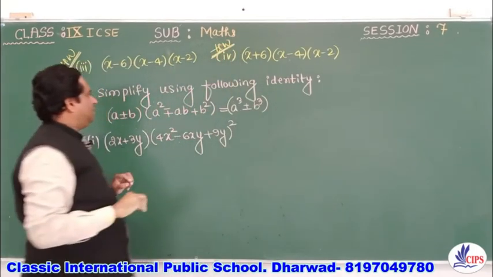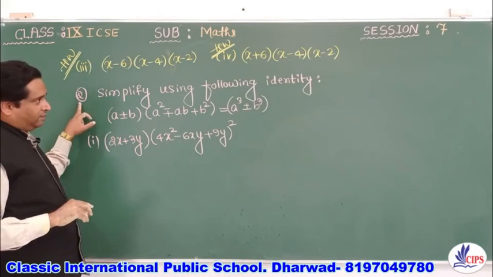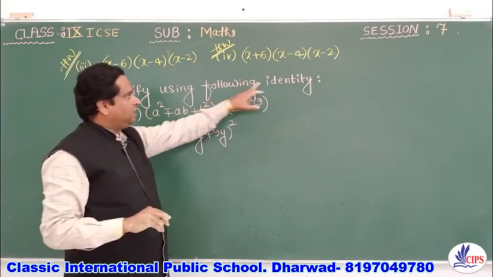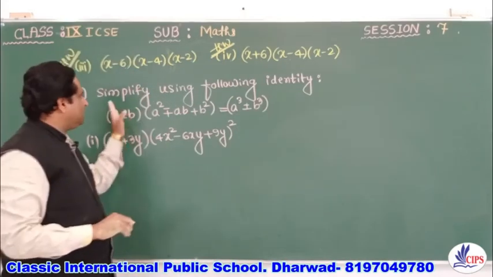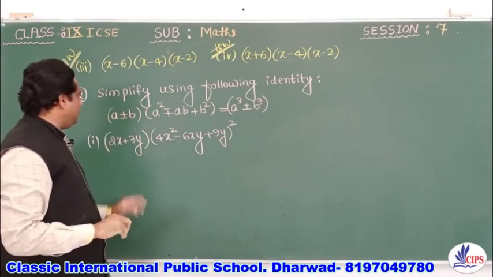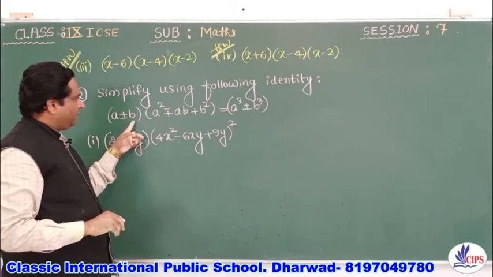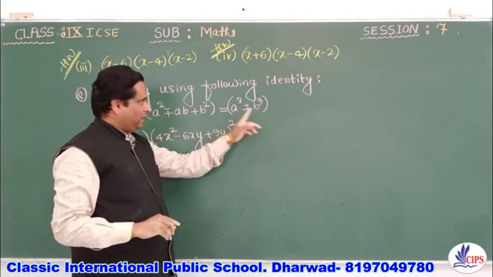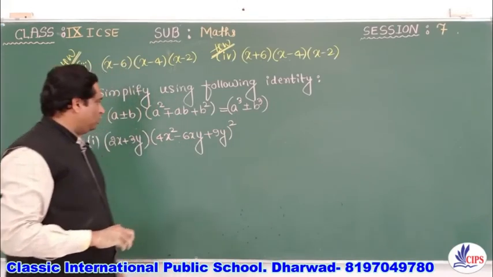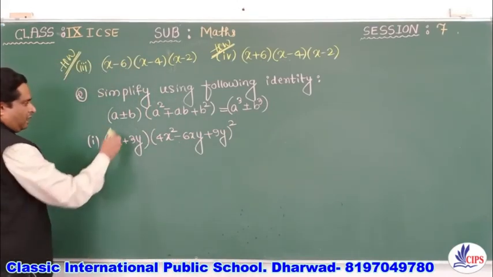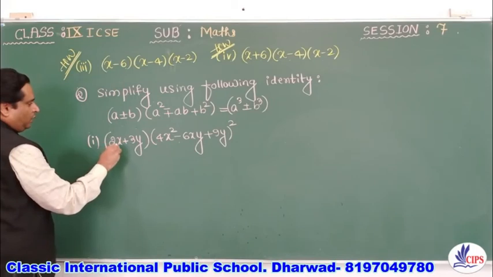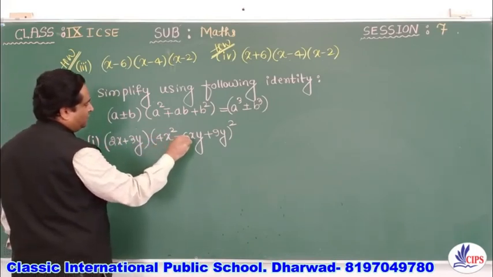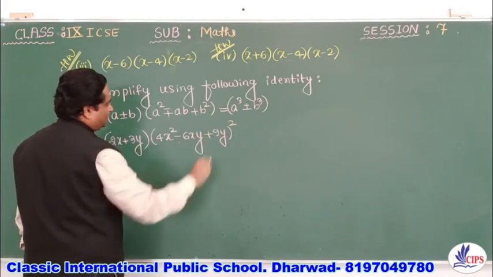Right? Then, second question. We'll go to the second main now. Simplify using the following identity: a plus or minus b into a square plus or minus ab plus b square into a cube plus or minus b cube. Yes, now it is in the form of the first question, 2x plus 3y into 4x square minus 6xy plus 9y square.